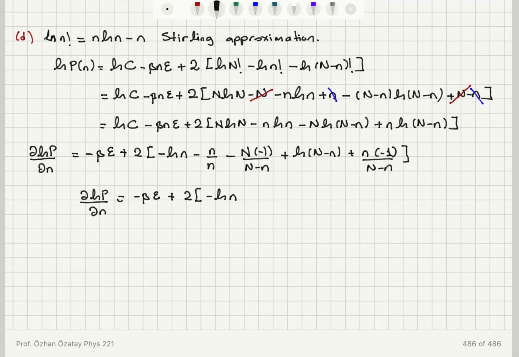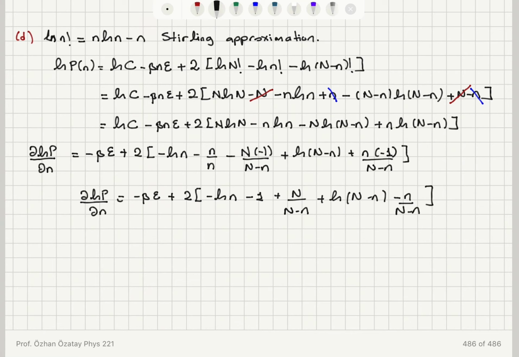So there is a minus 1 here. Then I have minus minus plus capital N over capital N minus n plus natural logarithm capital N minus n, and then I have minus n over capital N minus n.